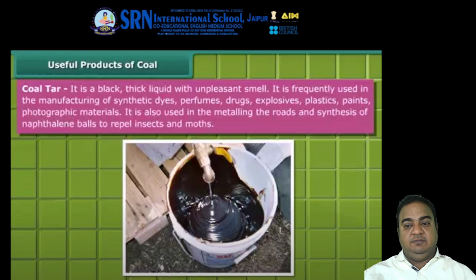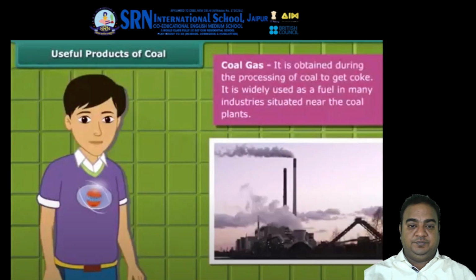It is also used in metalling the roads and in the synthesis of naphthalene balls. Do you remember what naphthalene balls are? They are white balls seen in kitchens and bathrooms, or used along with toiletries, and they work on the principle of sublimation. You have never seen naphthalene balls converting into liquid. They are solid pieces which directly convert into vapor.